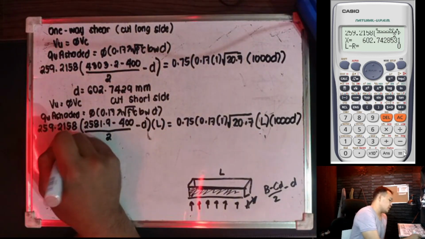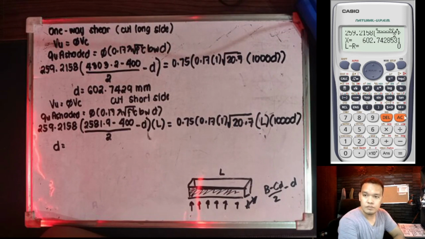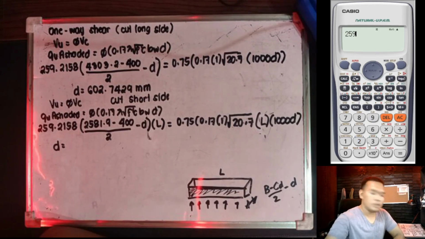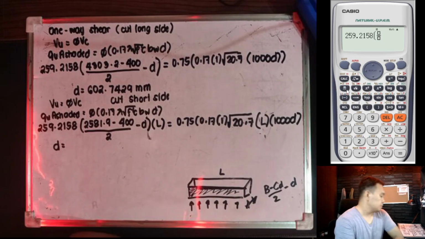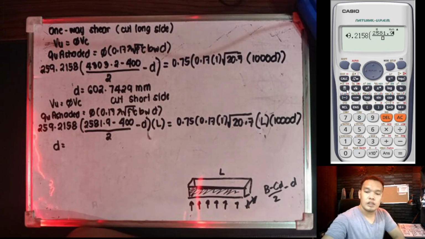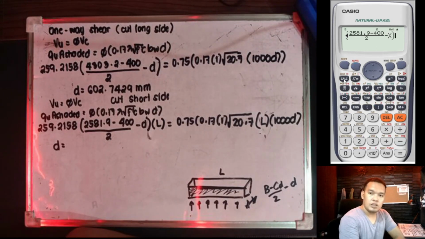So we have here D is equivalent to 259.2158 multiplied by 2581.9 minus 400 divided by 2 minus D equals, I will remove the L, 0.75 multiplied by 0.17, the square root of 20.7, then 1,000 D. Shift solve.